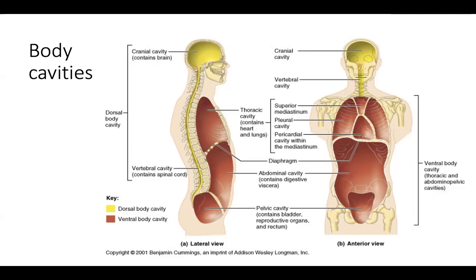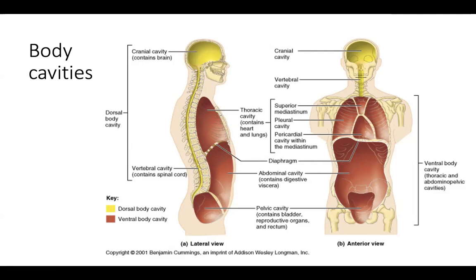You want to know the names, and then I'll show you a diagram very similar to this, have a line pointing to something without the name, and say, what cavity is this? So it'll be you filling this in from memory, but I'll give you the options. It'll be multiple choice. Okay, so we have the cranial cavity and vertebral. Sometimes it's called spinal cavity, spinal or vertebral.